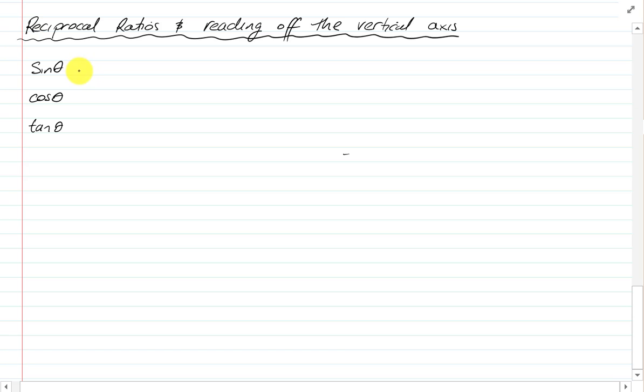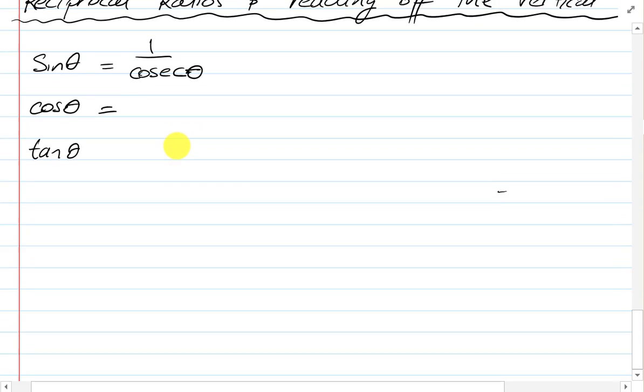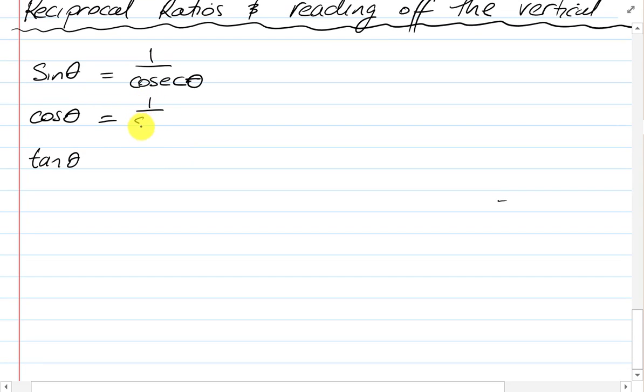So we have sine theta is equal to 1 over cosec theta. Cos theta is equal to, I might just zoom in on this a little bit, cos theta is equal to 1 over sec theta, and tan theta is equal to 1 over cot theta. And those reciprocal ratios work in reverse as well.